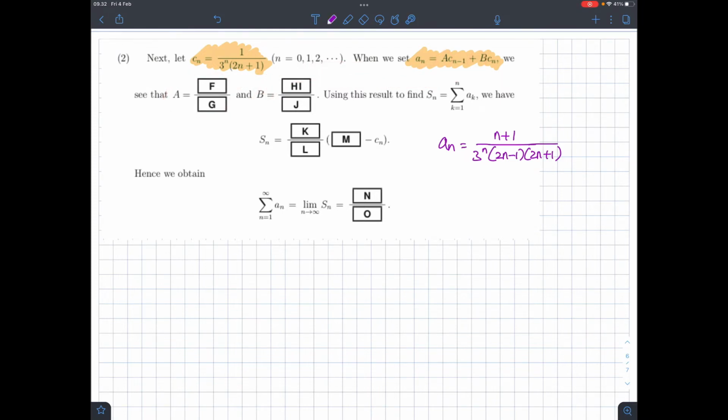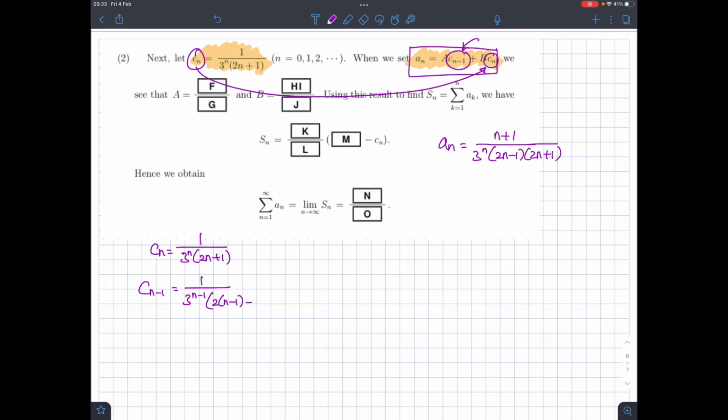Okay. I saw in this part there is Cn minus 1 and Cn, so we already have Cn here, so I need to find Cn minus 1. So if Cn equals this one, Cn minus 1 becomes 1 over 3 to the power of n minus 1 times 2(n minus 1) plus 1.